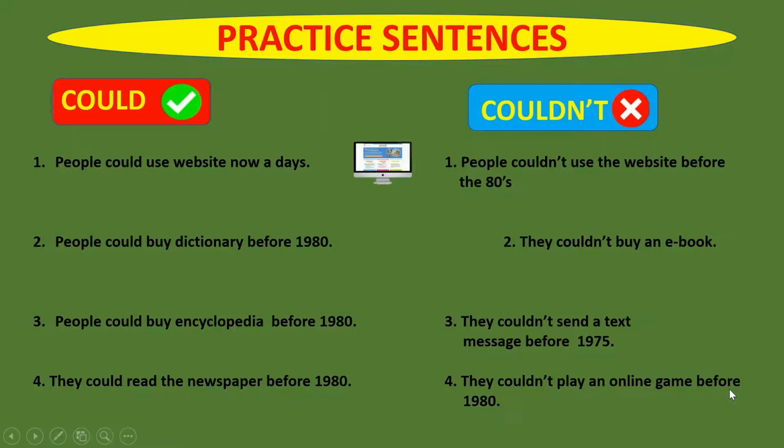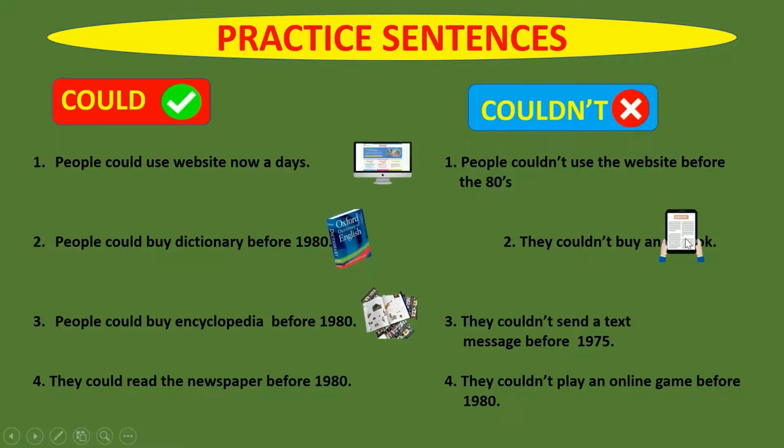See the difference? Here they could. This one here, they couldn't. People could use the website here. People couldn't use the website. Next one. People could use the dictionary.